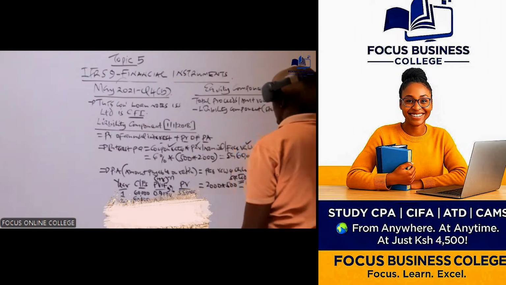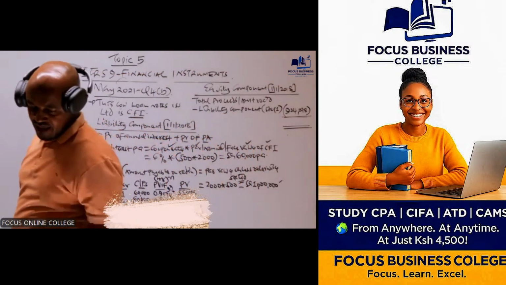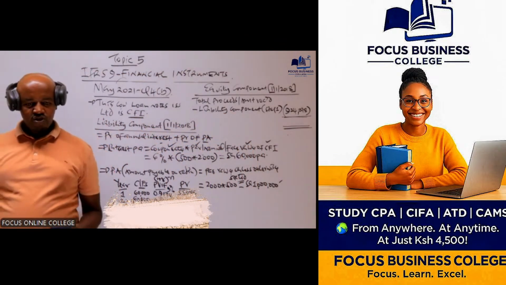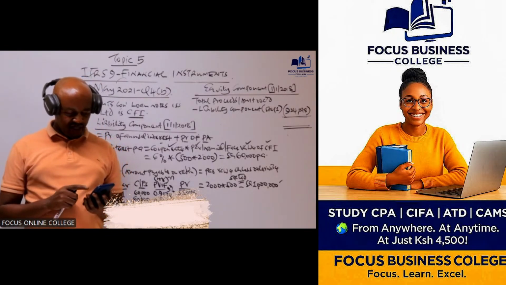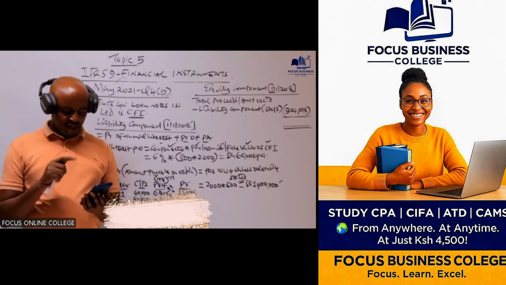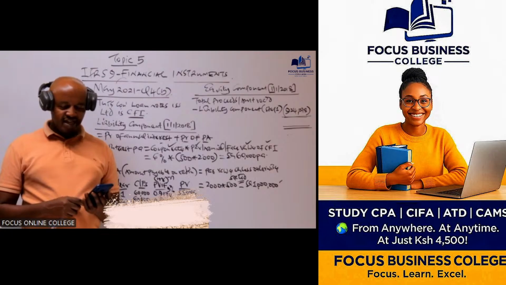So we need to determine how much amount was received. How were these convertible loan notes issued by the company? If you go back to paragraph 1 of the question, you're told Naivasha Limited issued 500 convertible loan notes on 1st January 2018 at par.